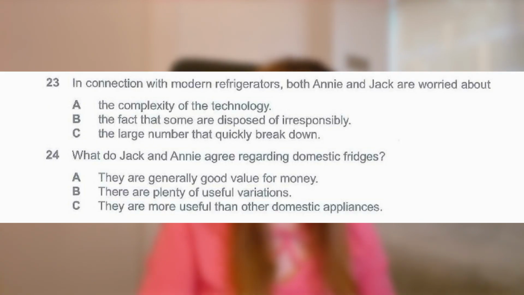The next question is, in connection with modern refrigerators, both Annie and Jack are worried about the complexity of the technology, the fact that some are disposed of irresponsibly, the large number that quickly break down. So complexity, technology, disposed of irresponsibly, so disposed of incorrectly, and large number quickly break down.